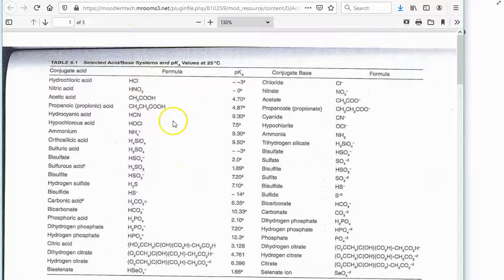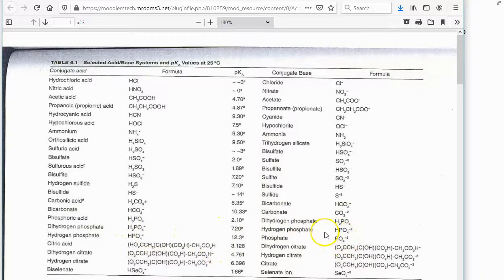Same is true for acid base. So maybe you've got a question with phosphoric acid, H3PO4. You can look at this table and see, oh, so H3PO4 dissociates, becomes dihydrogen phosphate, H2PO4. That dissociates, becomes hydrogen phosphate. And then that dissociates to make phosphate.